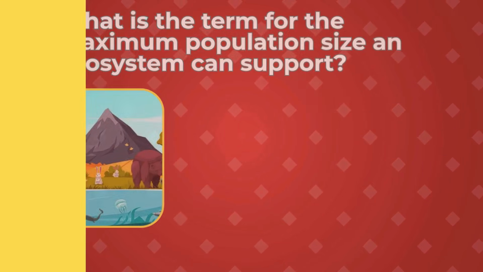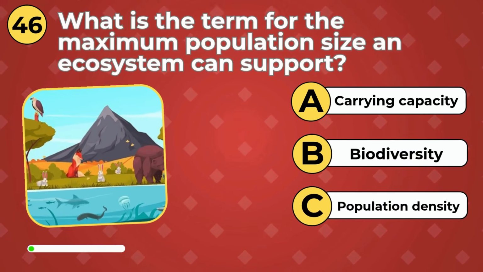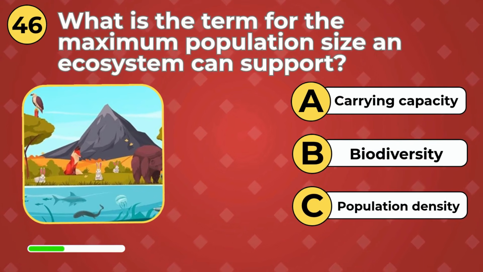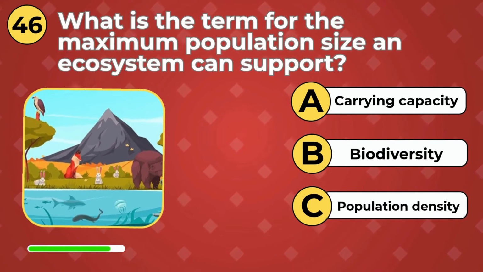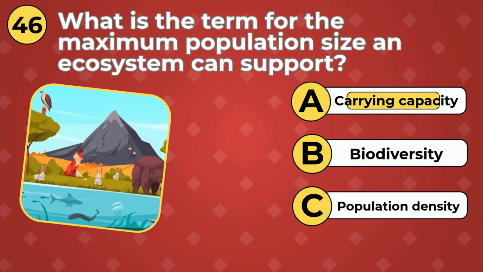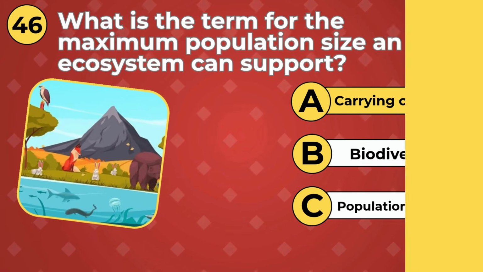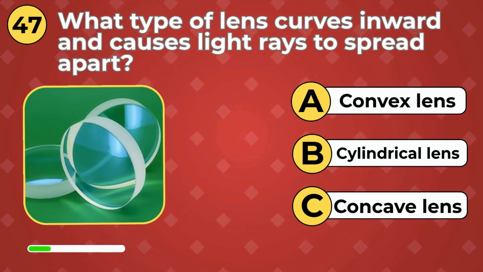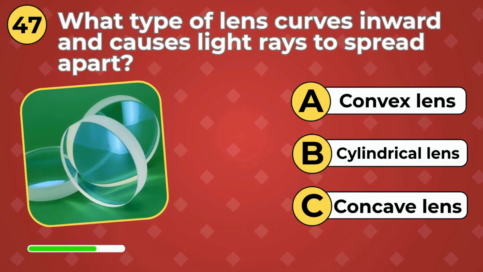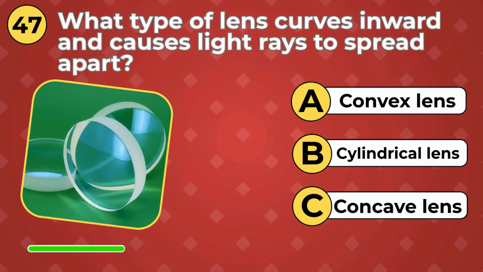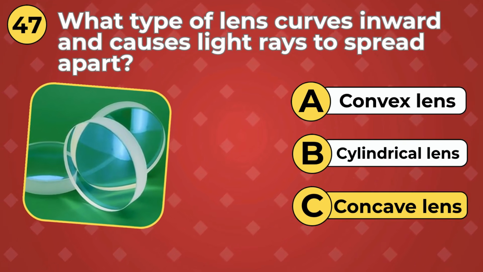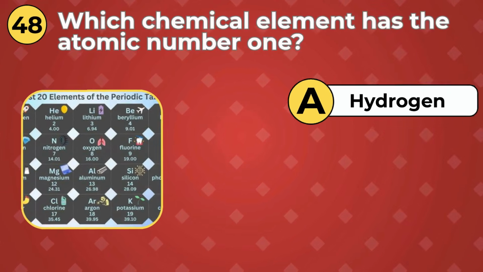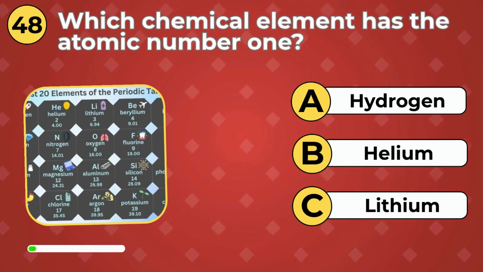Xylem. What is the term for the maximum population size an ecosystem can support? Carrying capacity. What type of lens curves inward and causes light rays to spread apart? Concave lens. Which chemical element has the atomic number 1?